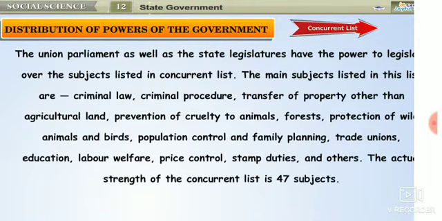Concurrent list. The Union Parliament as well as the state legislatures have the power to legislate over the subjects listed in the concurrent list.